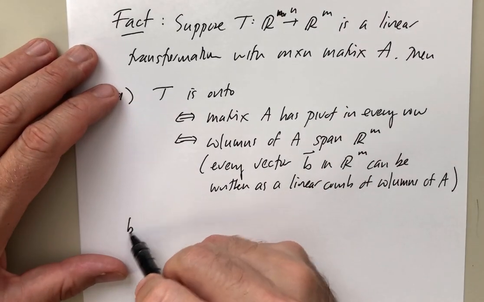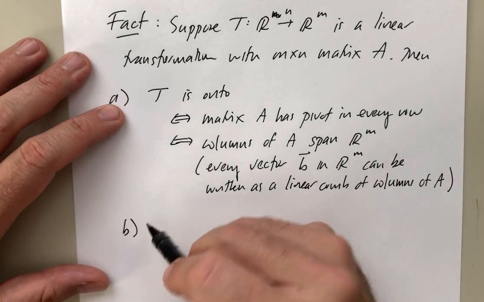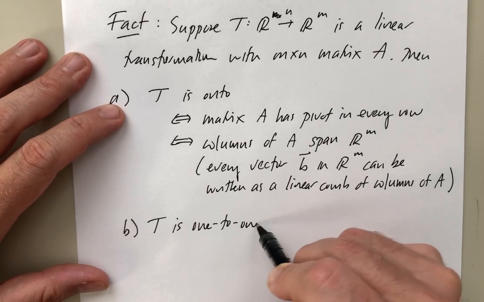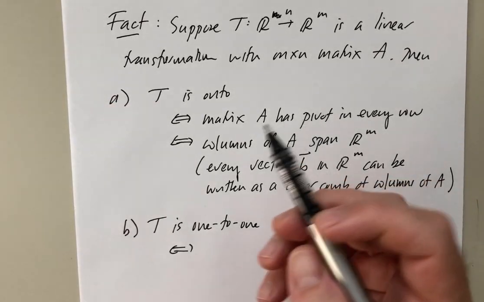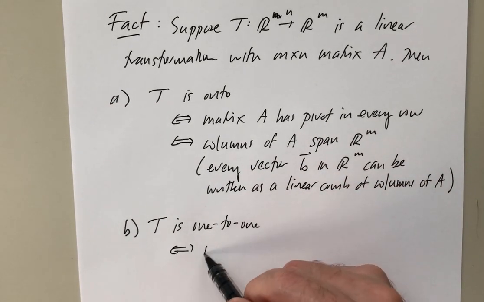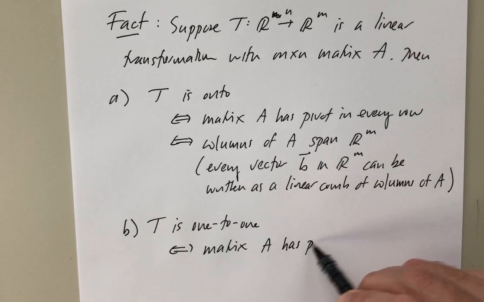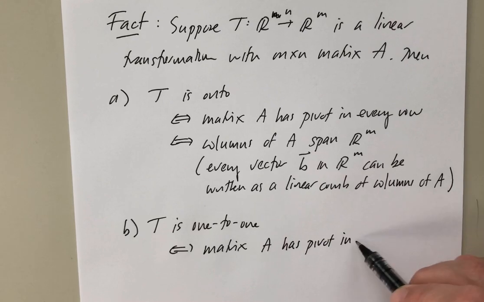And then the next part is a characterization of one-to-oneness in terms of things we already know. T is one-to-one if and only if the matrix A has a pivot in every column.